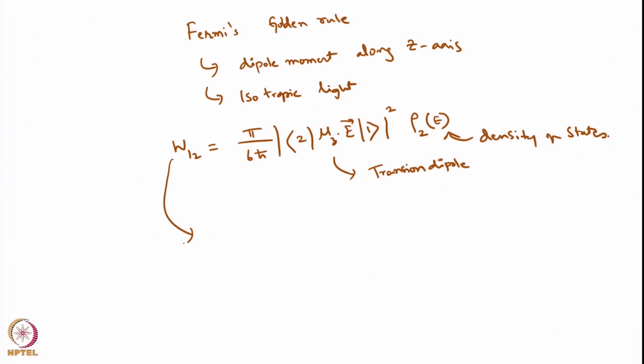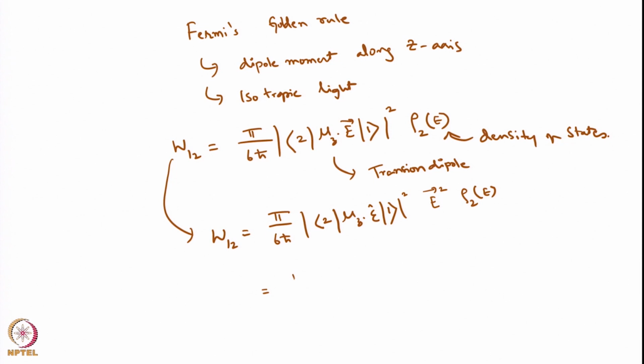W12 can also be written as pi by 6 h bar 2 mu z to epsilon, 1 modulus square, and then I will get the electric field out, square of it, rho to E. This is probably not the right way to write.